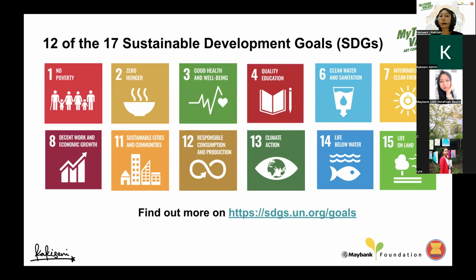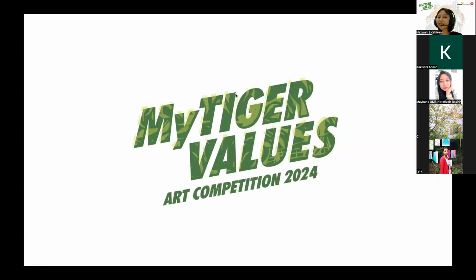So contohnya ada no poverty, ada zero hunger, good health and well-being, quality education, clean water and sanitation, affordable and clean energy dan sebagainya. So bila you buat artwork ni kalau akan dinilai juga nanti, kita akan tengoklah sama ada benda ni reflected atau tidak. Okay?